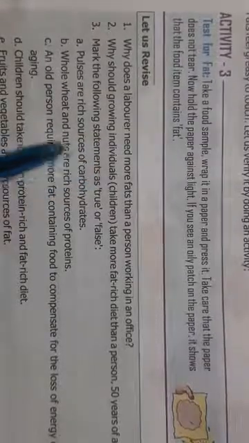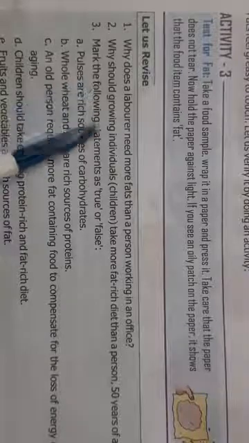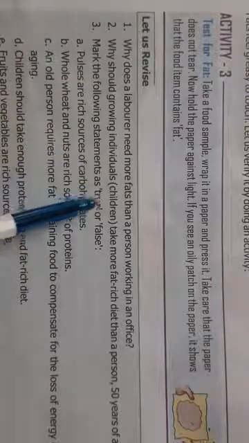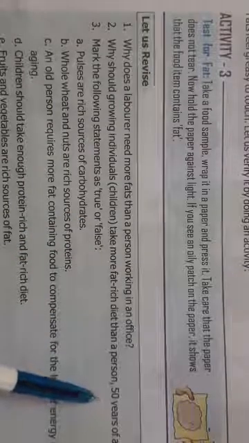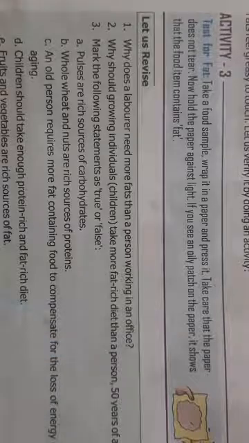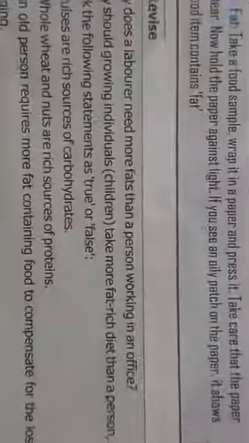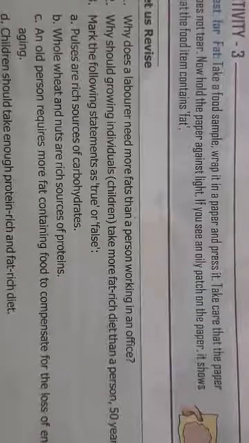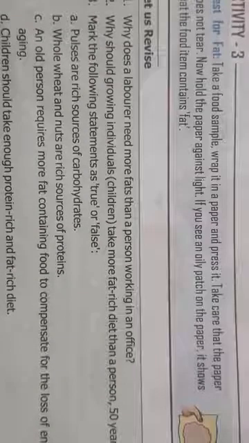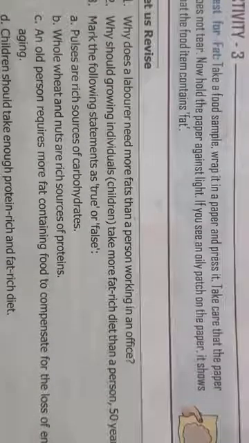Clear? In the same way, the second question is, why should growing individuals or children take more fat rich diet than a person 50 years of age? Again, the answer is same. You all know, children, a person who is 50 years of age is an aged person, an old person.